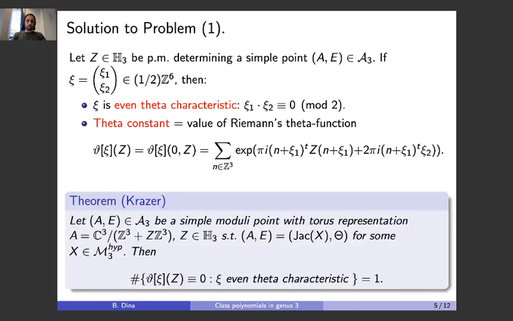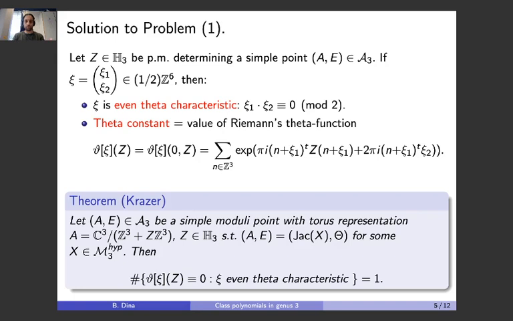The solution to problem 1 is based on the theorem of Kratzer, stated as follows: given a simple moduli point A in H3, in A3, A is a hyperelliptic point if, counting the even theta characteristics which are 0 in the set, this set has size 1.